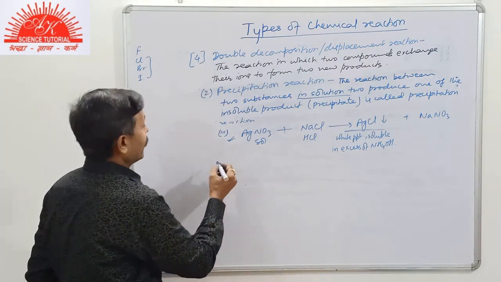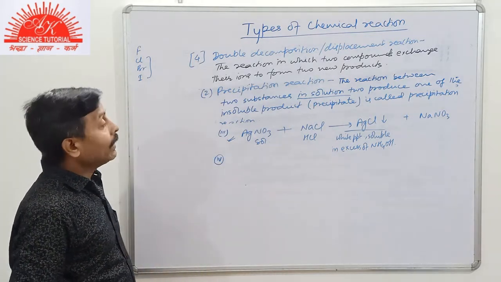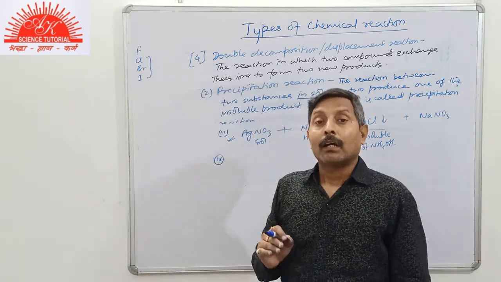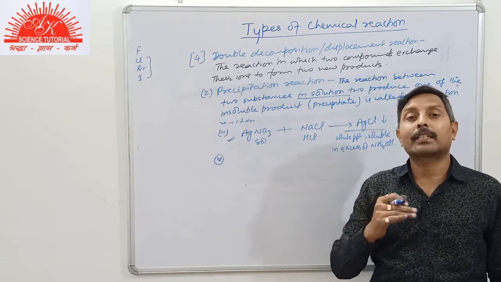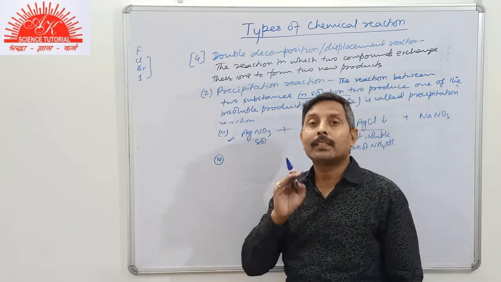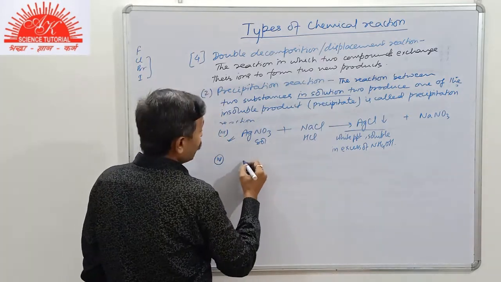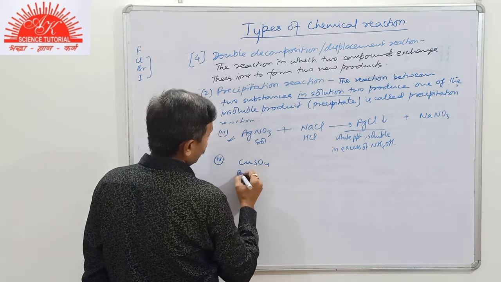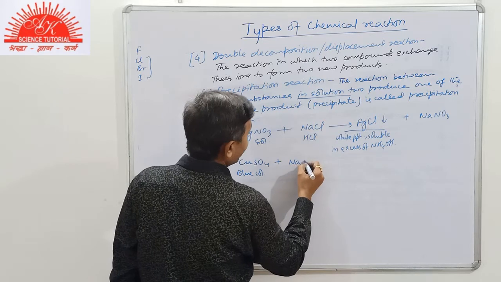Now take one more example. Sometimes when alkali is added to a salt solution, the metal hydroxide precipitates with a characteristic observation that is used in practical. Like you see, suppose we have CuSO4, that is a blue solution, plus NaOH.